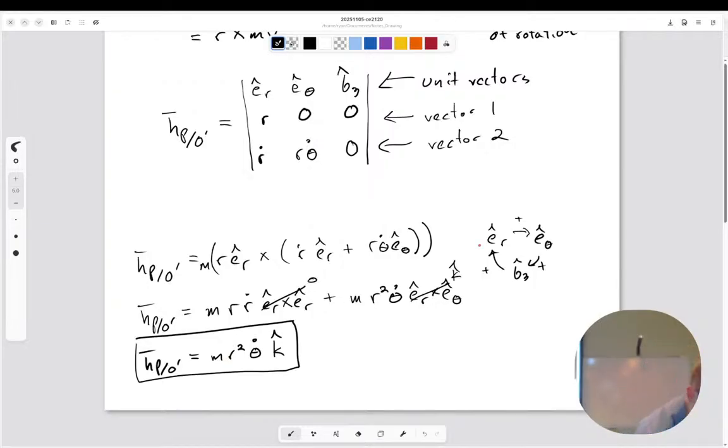So I usually write down a little reminder: if I'm going clockwise, it's positive; if I'm going counterclockwise, it's negative. Didn't really come in handy this time, but E R cross E theta is a positive K, not a negative K. Or B3. I wrote B3, but then I used K. B3, there we go.